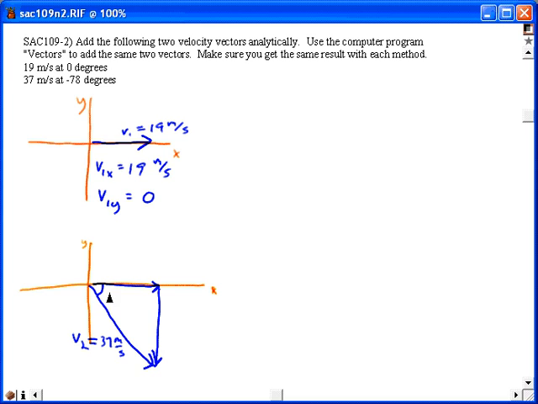This I'll call theta 2, given as 78 degrees. So here I'm forming a triangle where the angle in that triangle is 78 degrees. I've used the negative sign already to indicate that this should be over here rather than up there, but the opening between these two lines is just 78 degrees.